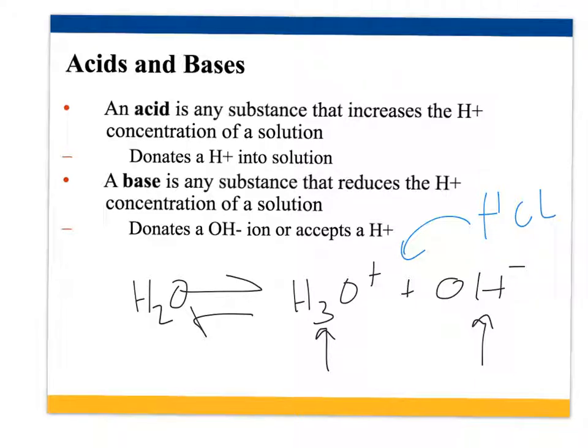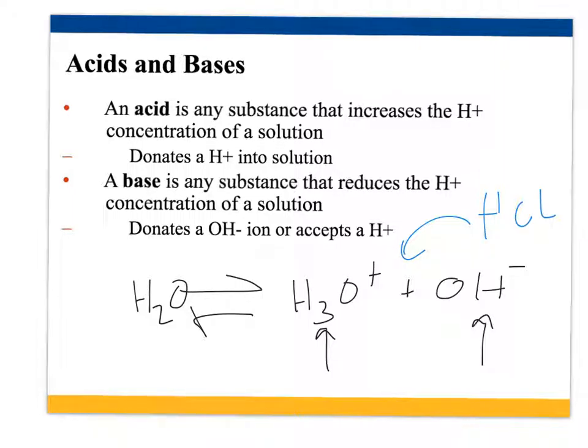How many of you heard of pH before? Okay? Good. So pH is a scale that measures how strong or weak an acid or base is, and it's based upon the concentration of hydrogen ions. Okay?